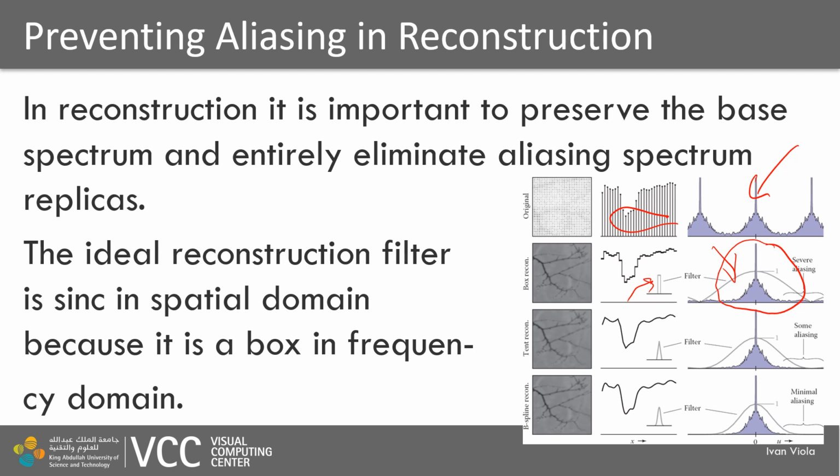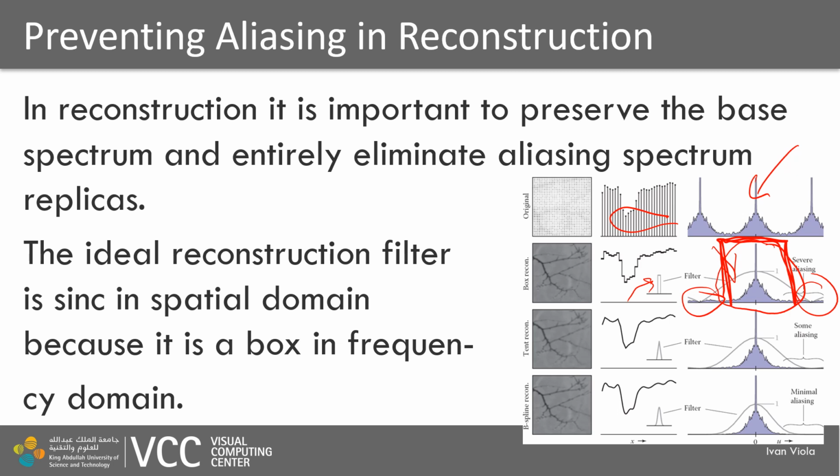The best would be just to cut it out with a perfect box filter in the frequency domain and have it not leaking in any of the aliasing spectra. But with nearest neighbor interpolation, this will not be the case, and there will be a lot of aliasing spectra leaking into our reconstructed representation.